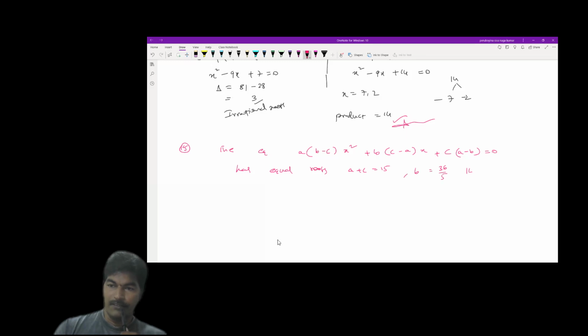Then a square plus c square equals how much? This is an integer type question.